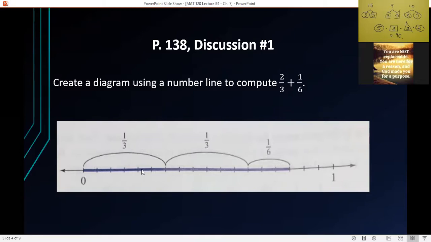Why 6? The reason why you're using 6 is because 6 is the other number in the multiplication. The multiplication here is 3 times 6 equals 18. So I have 18 spaces. So to find out what a third is, I'd use 6 spaces. To find out what a sixth is, I'm going to use 3 spaces.